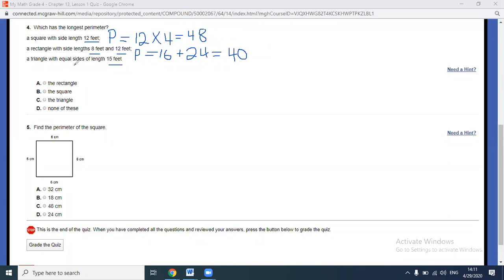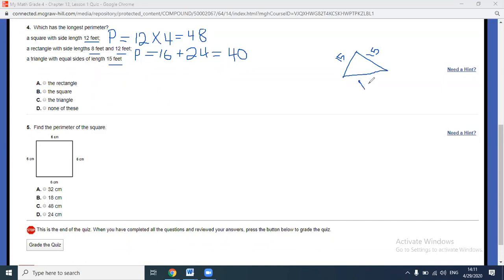What about the triangle? A triangle has 3 sides, as we know. But here I have a triangle with equal sides of length 15, so each side is 15 feet. To find the perimeter for any figure, find the total distance around the figure.